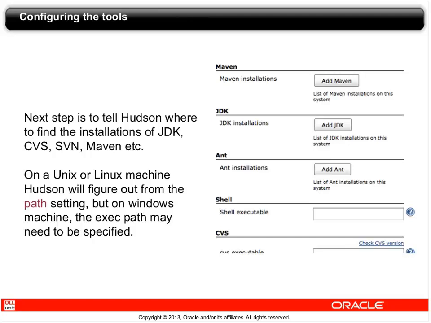Often people forget to set up the tools, and then they try to build, and Hudson does not know where the tools are, so your build might fail. If the build fails, the first thing you want to see is whether you have set up your tools correctly or not. Most of the time on a Linux machine, or even Windows, Hudson tries to find the tools on the path settings, but if it cannot find them, then you have to specify them yourself.